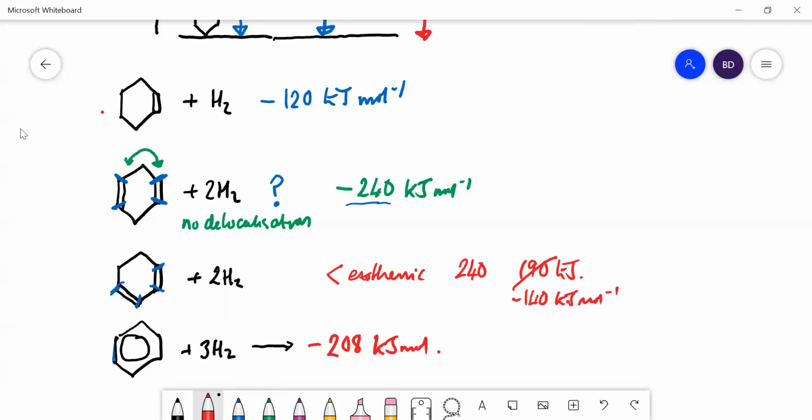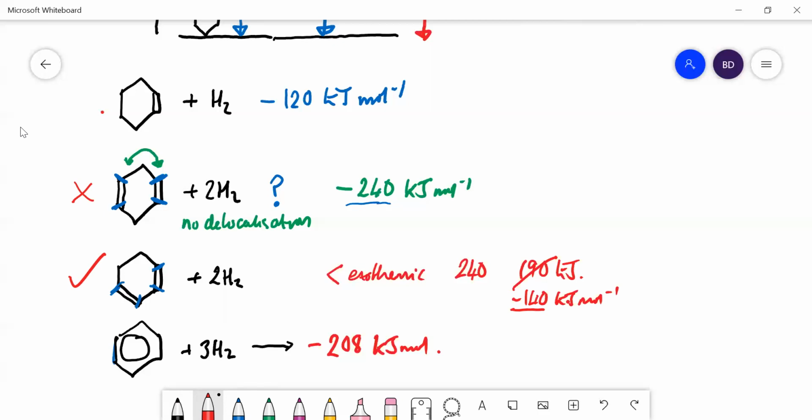I think anything above 140 and less than 240 got you the marks. But it's just to understand, really, you will get delocalization with this one, but you do not get delocalization with that one because the bonds are not alternate single double, they're separated by more than 1 carbon bond length.